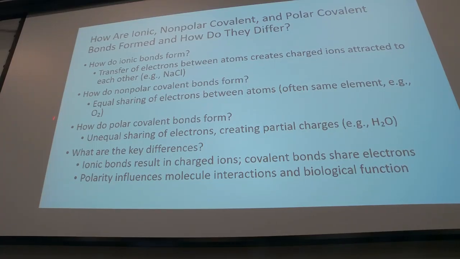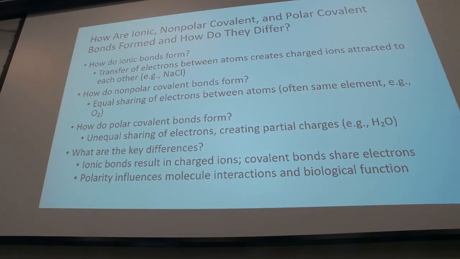So when you have equal sharing of electrons between the atoms, like for instance in molecular oxygen or O2, this will be non-polar. So in this case, the electrons spend the same amount of time between the 2 oxygen atoms. And that makes it stable, and it does not combine with others.